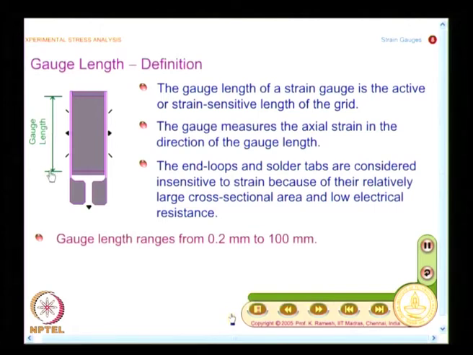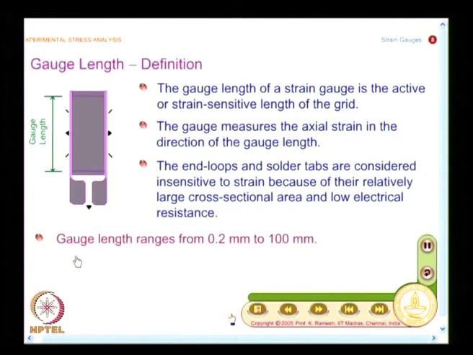And I have already indicated the end loops and solder tabs are considered insensitive to strain because of their relatively large cross sectional area, that we have already noted. You have seen in the enlarged picture that end loops are made deliberately thick, so that they have low resistance and they will be relatively insensitive to strain measurement in the transverse direction.